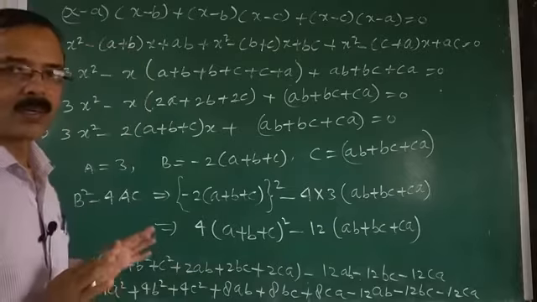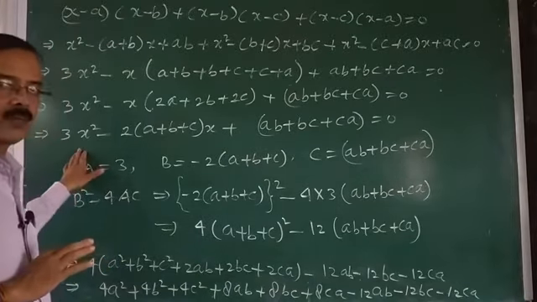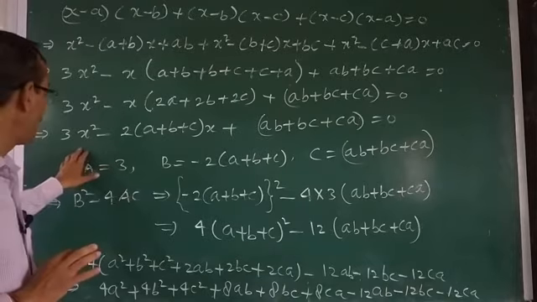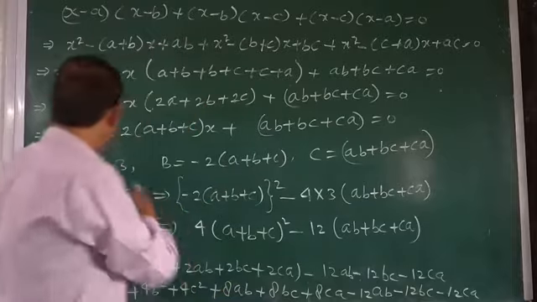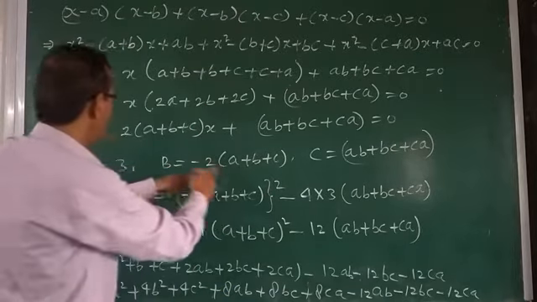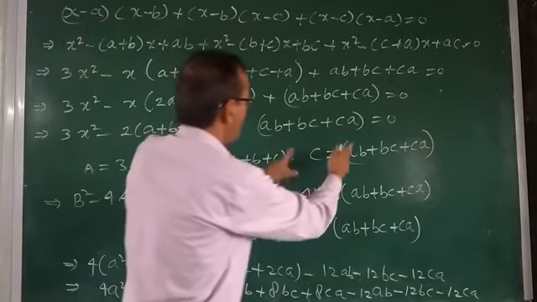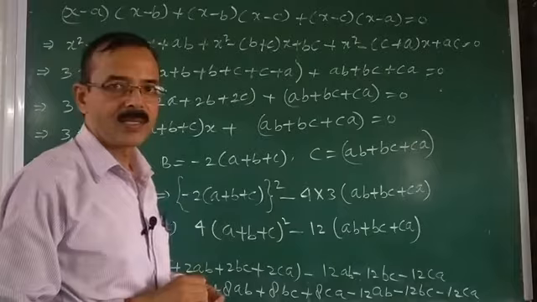So we compare it with the standard quadratic. The value of a is 3, the value of b is minus 2(a plus b plus c), and the value of c is this constant term. So we found a, b, c.